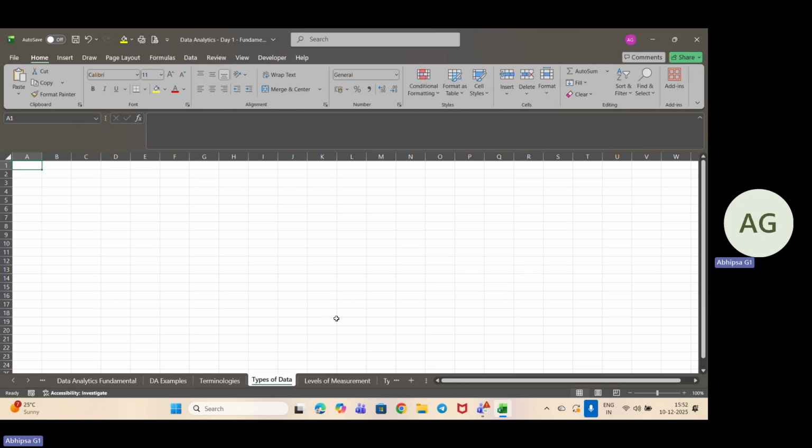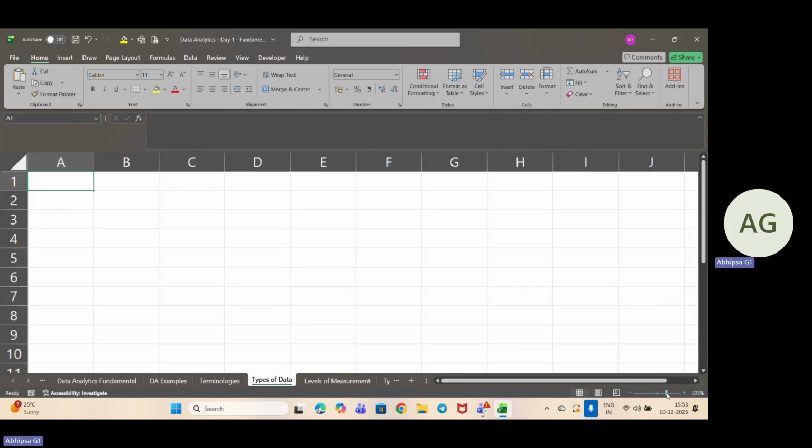The very first one is qualitative data, which we have already discussed, and the other is quantitative data. We will discuss them in more detail so that it is easily understandable and we can cover the major part of it.